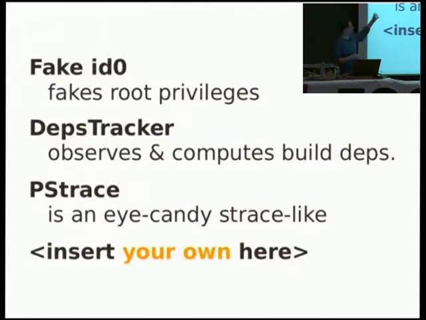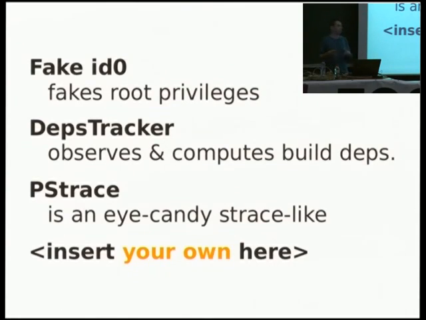DevTracker will compute the actual dependencies, and it will be able to produce a highly parallel GNU Make file at the end, because it has observed the dependencies, so it can't introduce errors because it missed something or other. It has observed everything.